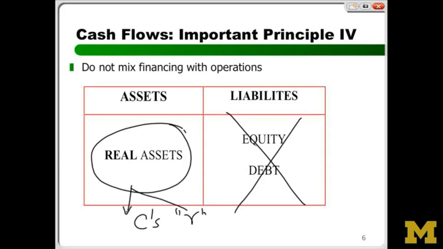We are going to financing. And the reason we are going to financing is because we want to figure this out. But financing shouldn't be the primary determinant of the value of your assets, because the assets are what create value.